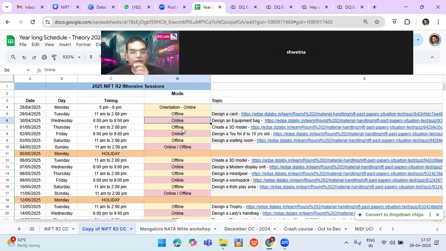For the feedback, you can take it from the online tutor, Shwetana ma'am, during that particular time, or the next day you can take the feedback from Anushri ma'am in the class.